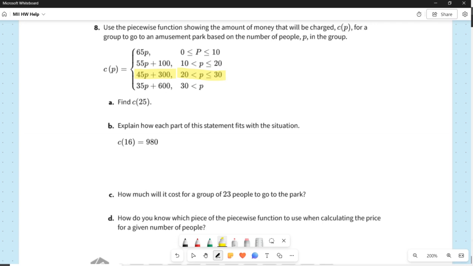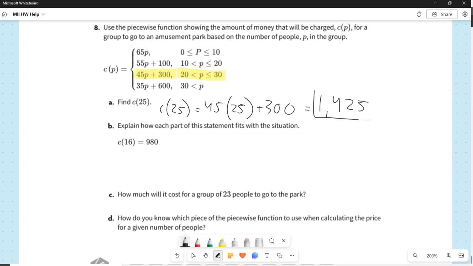So we're just going to say C of 25 is 45 times our input, which is 25, plus 300. Get out your calculator, you can evaluate that. We end up getting 1,425. So that group is going to get charged $1,425 to admit a group of 25 people to the park.